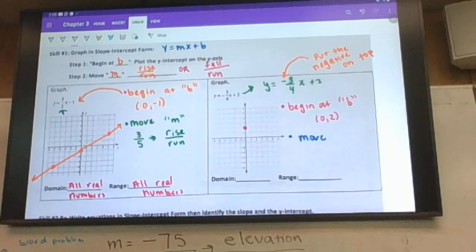And then I move the m value. Since it's negative 3/4, this would be a situation when maybe we want to say fall over run instead of rise over run. It's a negative, so it's more appropriate to say fall. You're not going to rise. So I'm going to count down 3/4.